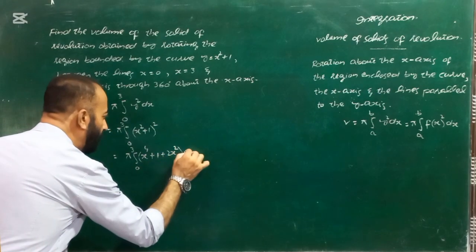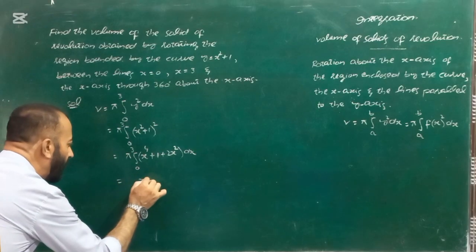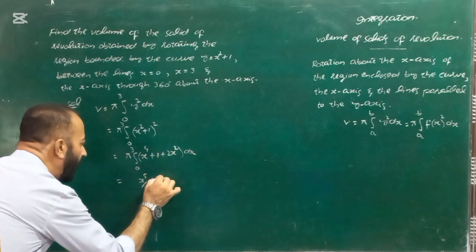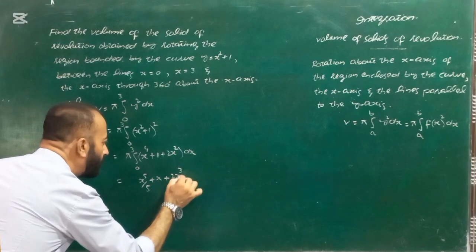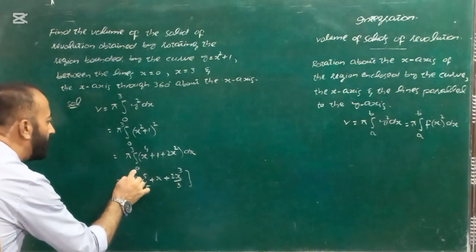Now we have opened the formula. Now we integrate it: x to the power 5 over 5 plus x plus 2x cubed over 3, with limit from 0 to 3.